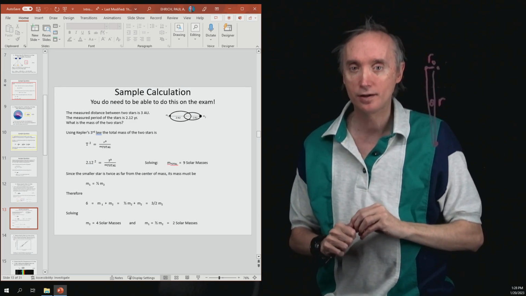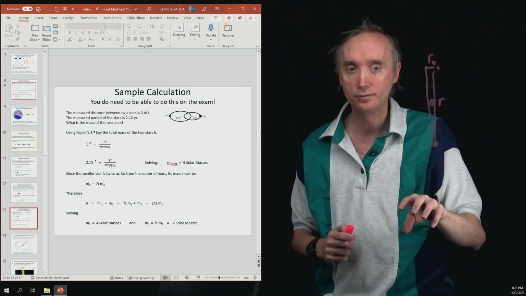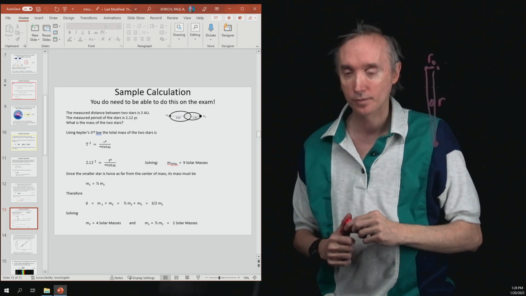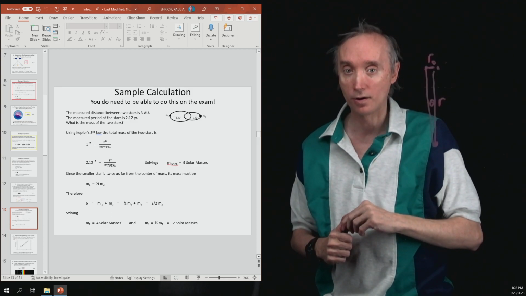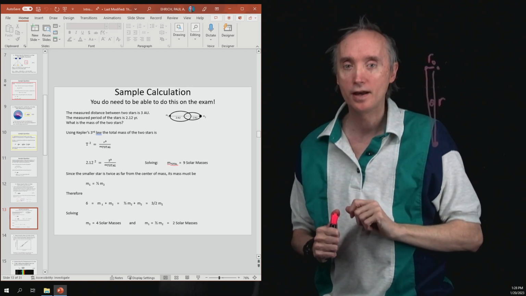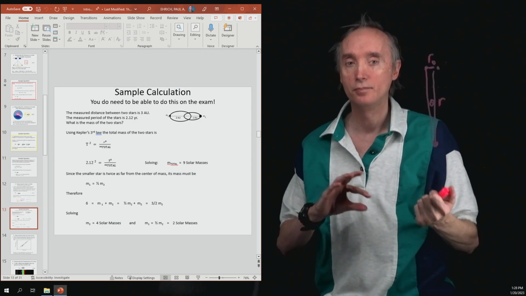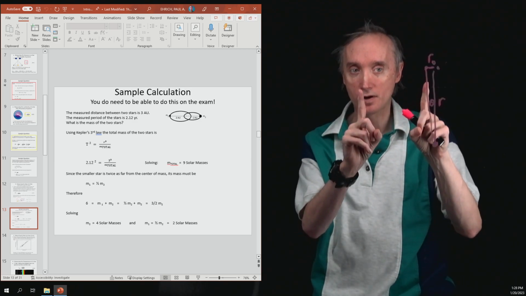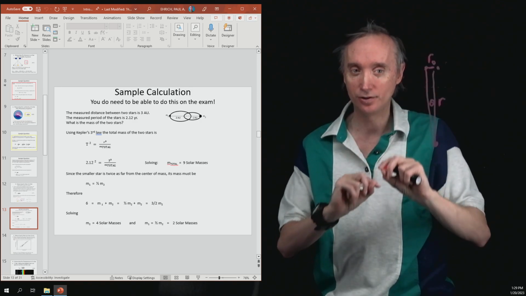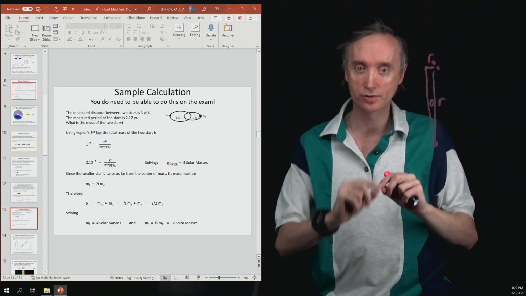So our first step is to plug into Kepler's third law. We know the period, that's the T looking thing, and we know the R, so we plug that in, and now we can figure out the total mass of the two stars. That's still not good enough. We want to know the mass of just one of those stars.